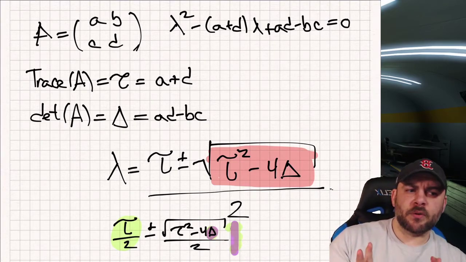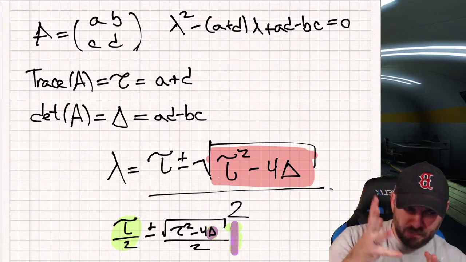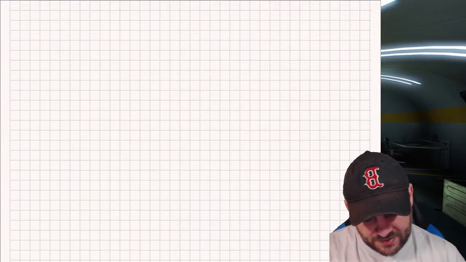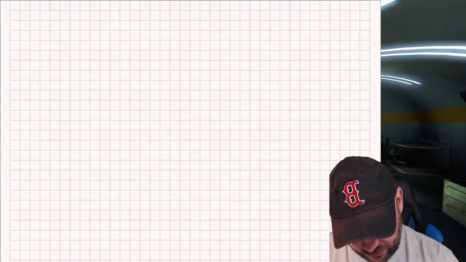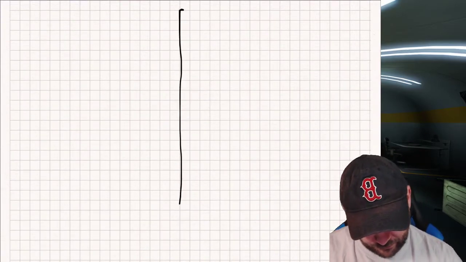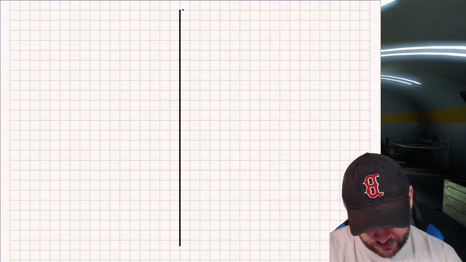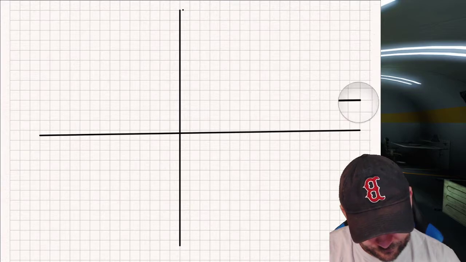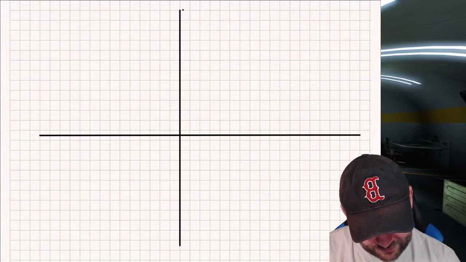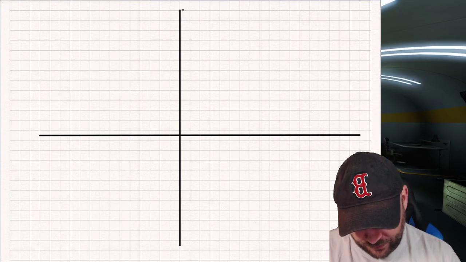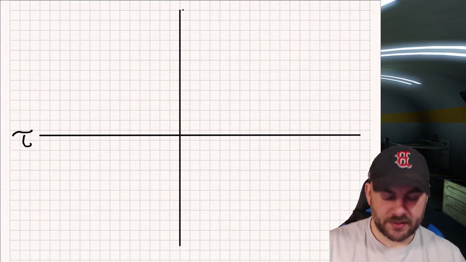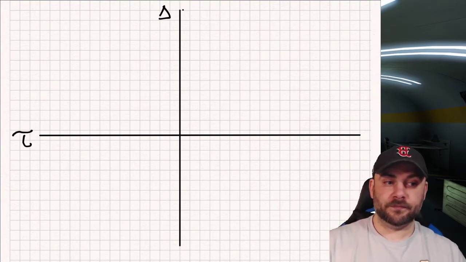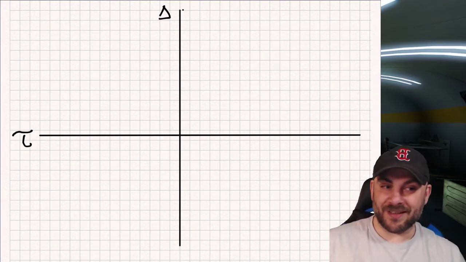Okay, I want to investigate all three of these bits and pieces in ways that might be beneficial to us, so we can see that everything depends on the relationship of the determinant of our matrix with the trace of our matrix. Okay, and by standard convention here, I'm going to make this horizontal axis my trace and this vertical axis my determinant. Right? This is my trace-determinant plane.